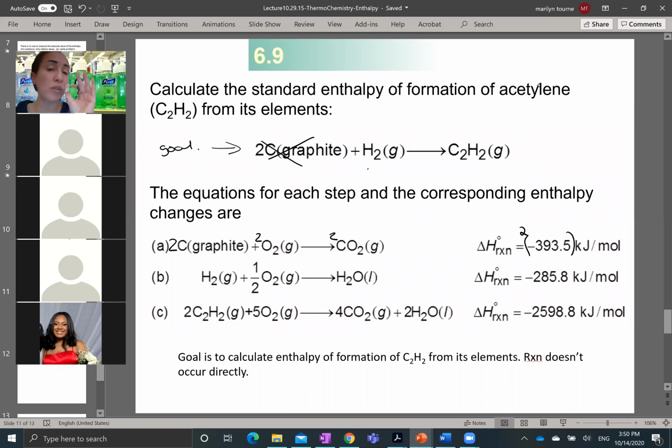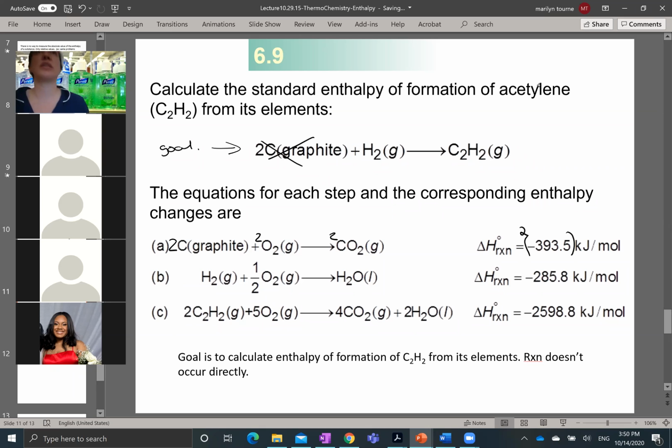You only use the goal and look for the example that has what you're looking for. Forget about everything else in the example. Since there's 1 mole of H2 in the example and 1 mole in the goal, I don't have to do anything. I leave B exactly the way it is, and I don't touch the enthalpy value.